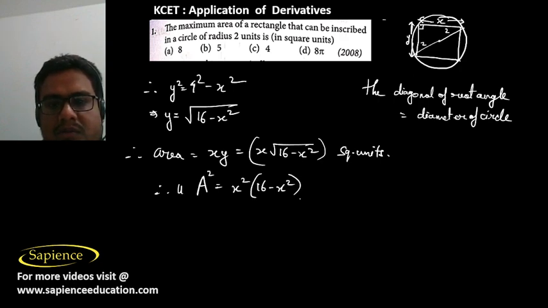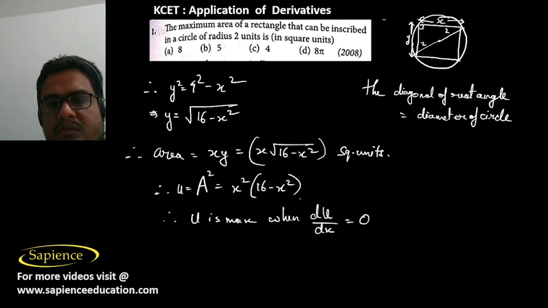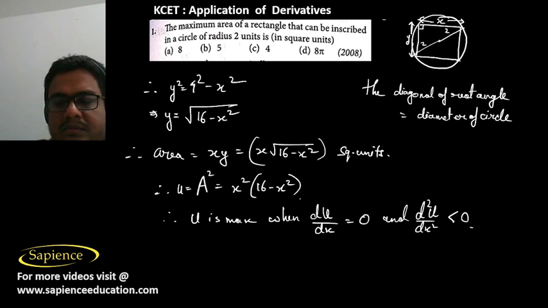Let's suppose this function is u. Therefore, u is maximum when du by dx is 0 and d square u by dx square is less than 0. Then we get the maximum area.